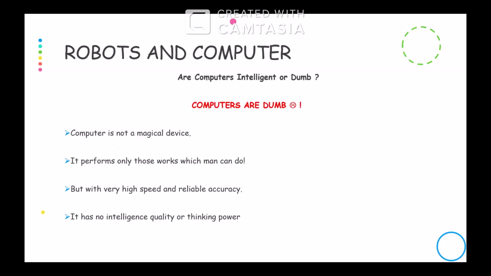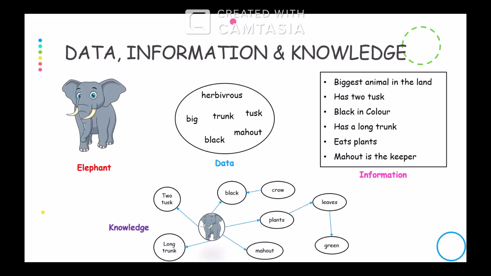All these things make a computer very special to us. But see, still they have a very important drawback, because they are dumb devices. Okay, so how can we make a computer intelligent?